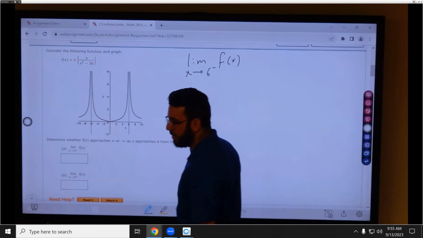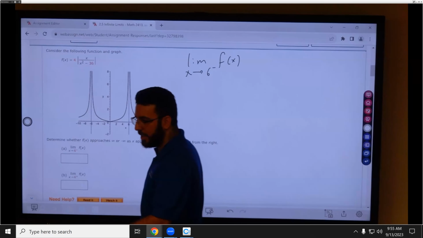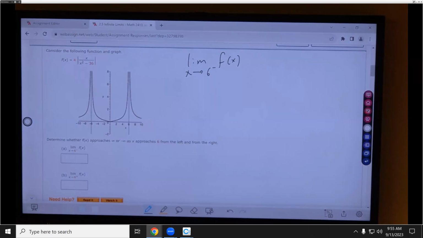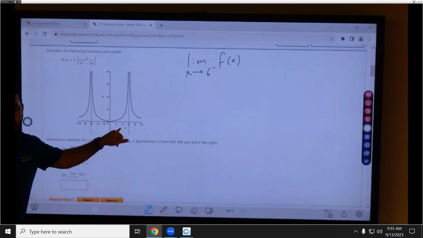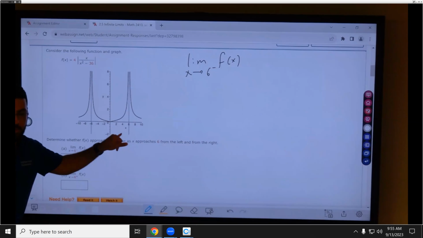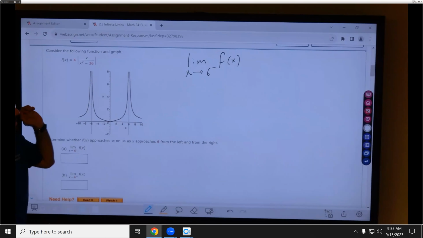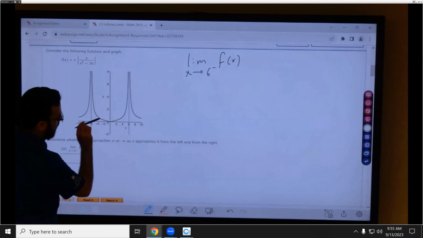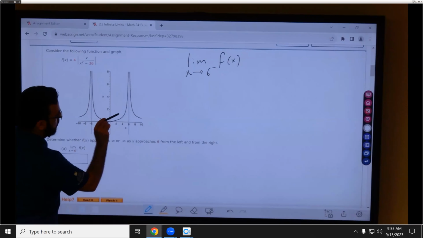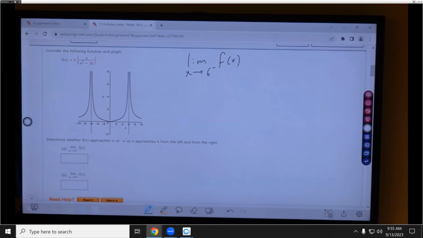And I'm telling you, when they give you a graph, it's easy to locate the limit. So where is the 6? I'm not asking you about the 6 itself because it's an asymptote. But when the limit approaches the 6 from the left side, which is here, it goes where? To infinity, because it keeps going up. So you can't put a bound to stop the limit.